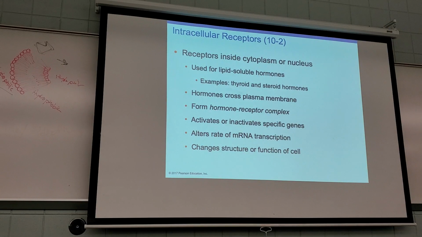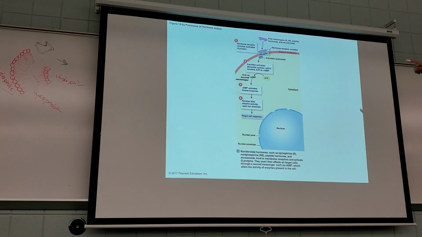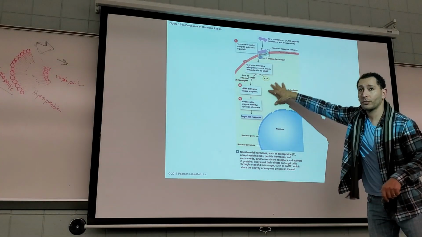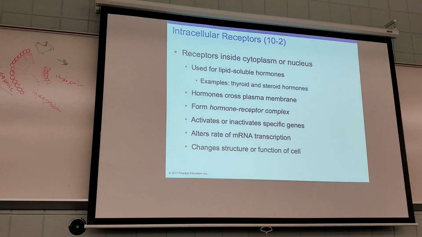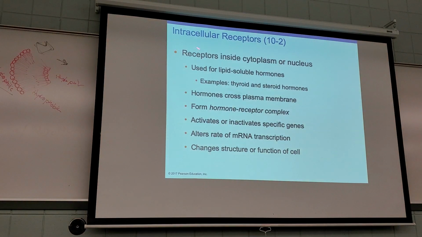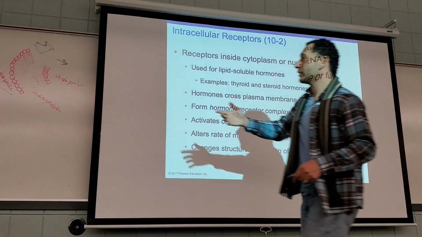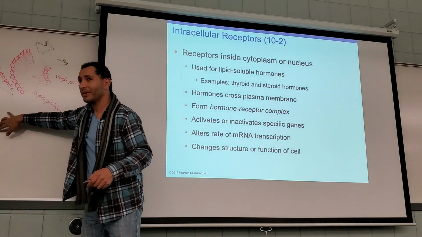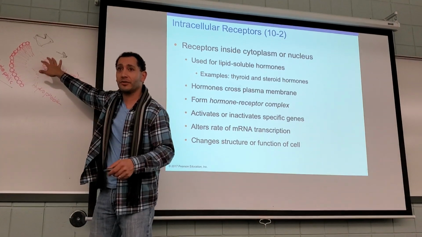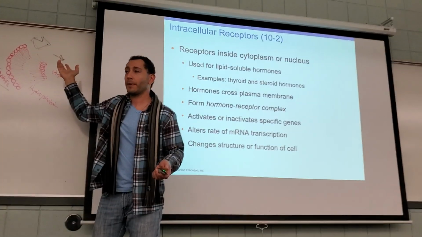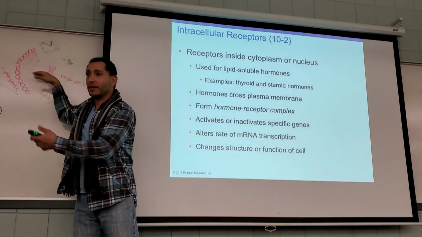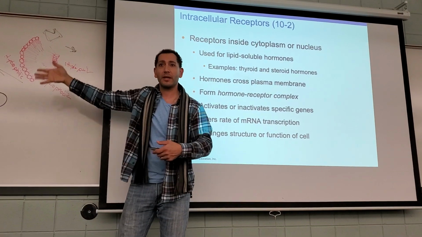Receptors inside the cytoplasm, not like this, but receptors just floating around in the cytoplasm, are called intracellular receptors, used for lipid hormones. How do you figure? Because lipids are lipids, and the membrane is mostly lipid, they can just get right through. They don't need receptors on the outside.